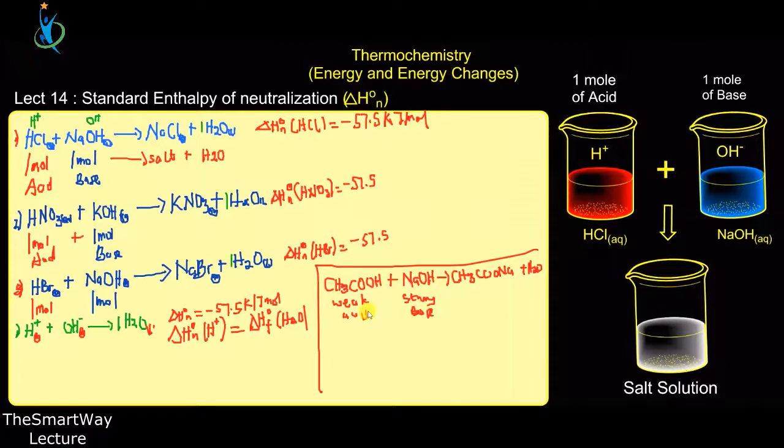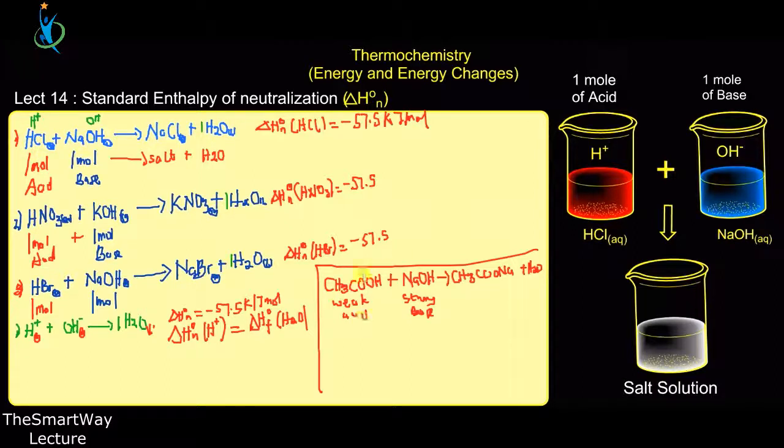So why is it happening? Because when a strong acid reacts with a strong base, there's a complete dissociation of molecules, and so the energy liberated during the process is high. So 57.5 is the energy liberated to the surrounding whilst forming 1 mole of water.